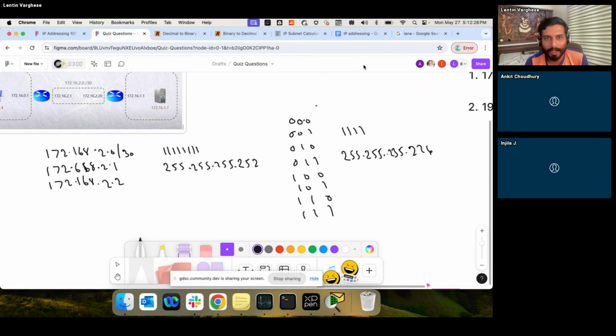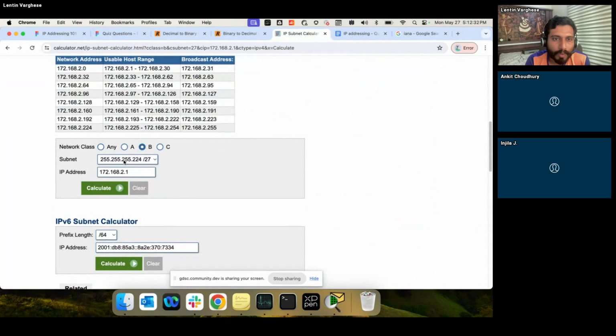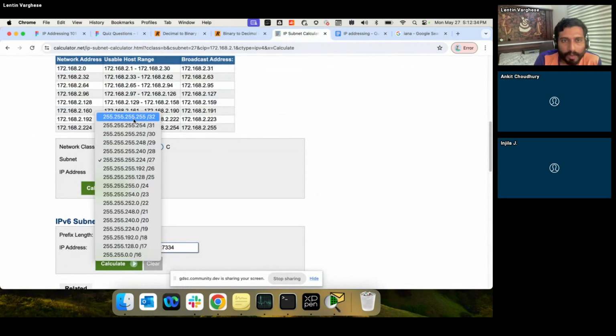What I mean by that is earlier when we said 252, if we choose a block size of 4, only the last 2 bits of the final octet are used for the host.